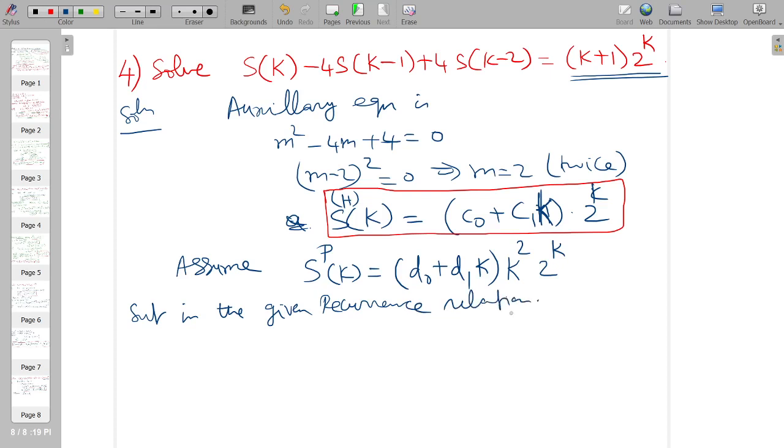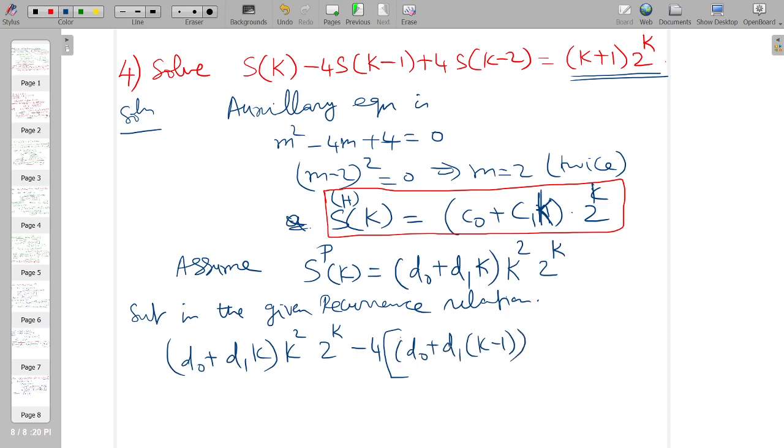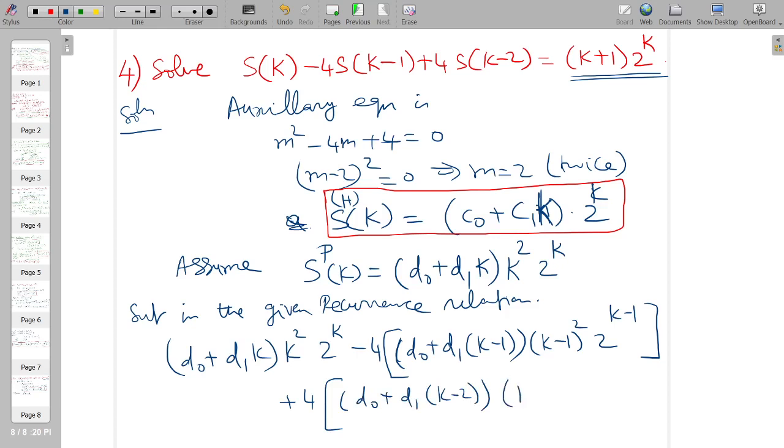When I do it, what do I get? d naught plus d1 k into k squared into 2 power k, minus 4 into d naught plus d1 into k minus 1, multiplied with k minus 1 the whole squared into 2 power k minus 1, plus 4 into d naught plus d1 into k minus 2 into k minus 2 the whole squared into 2 power k minus 2, and this is nothing but k plus 1 into 2 power k.